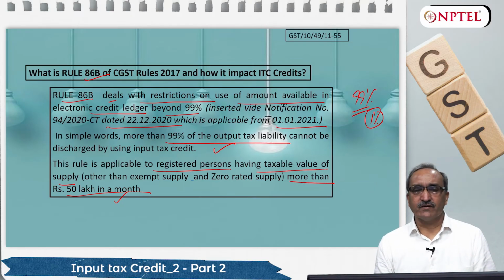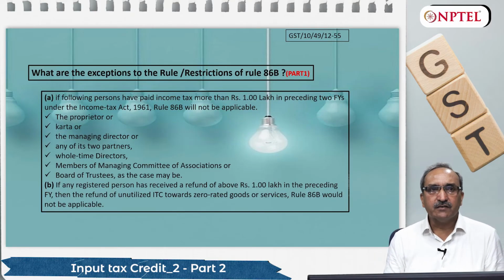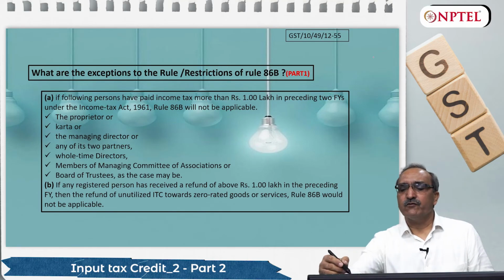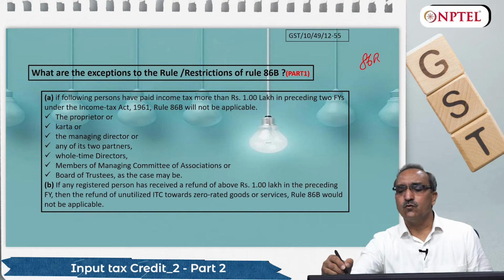That's why I am once again repeating that whenever you are using your ITC, make sure you are correct in your understanding of the law. Friends, in the last slide we mentioned that rule 86B is applicable where the monthly turnover of a person is 50 lakh rupees or more.